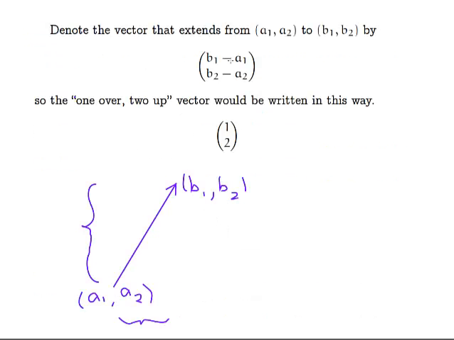Now, the notation for vectors: if we think of the vector that corresponds to the displacement from point A1, A2 to point B1, B2, we represent that as a pair of numbers, and it's represented down here. Here's my point A1, A2 down here, and here's my point B1, B2 up here. The displacement is the arrow joining the 2 points.